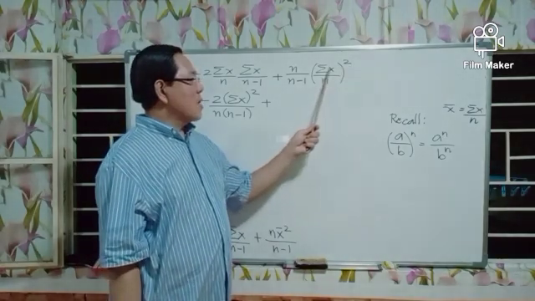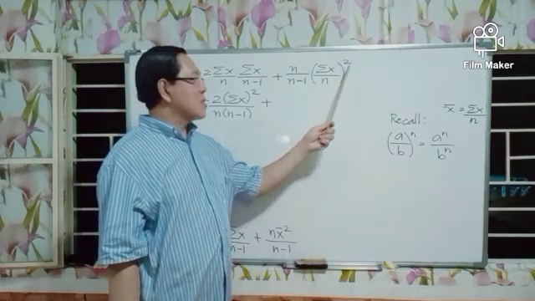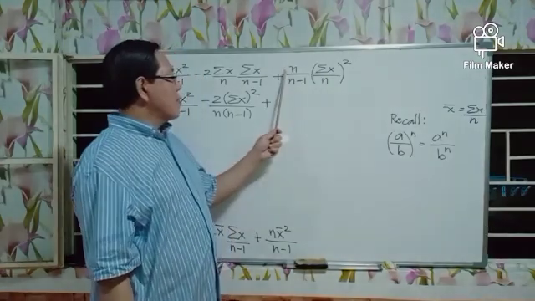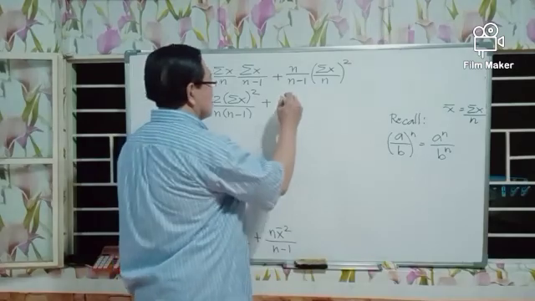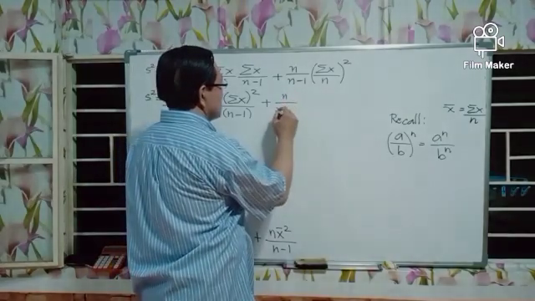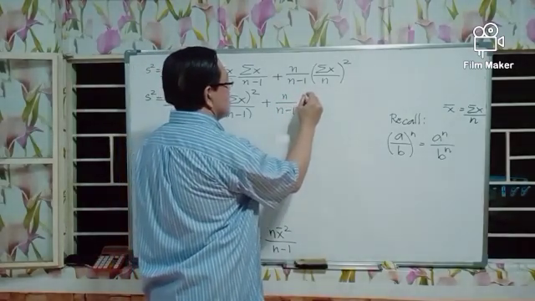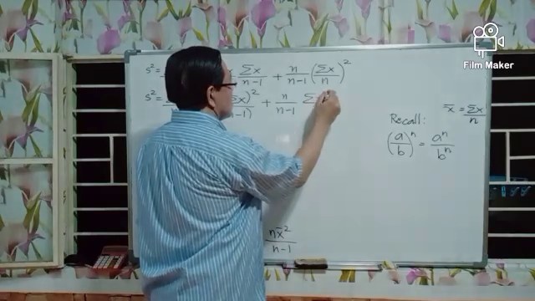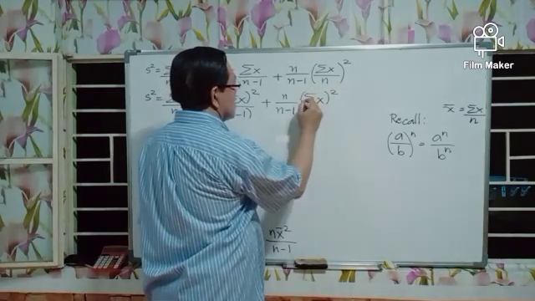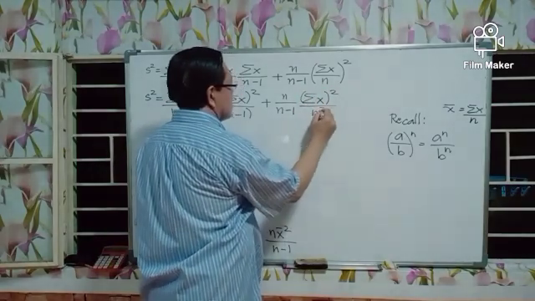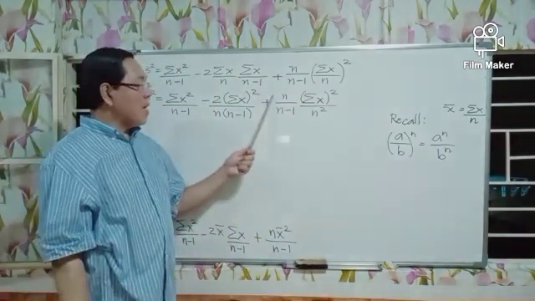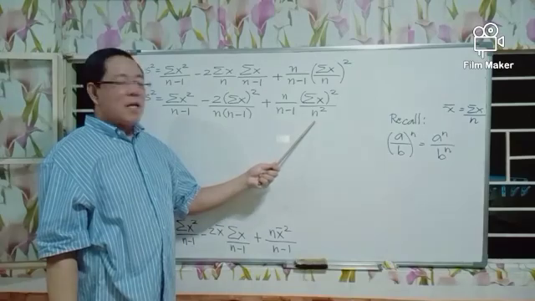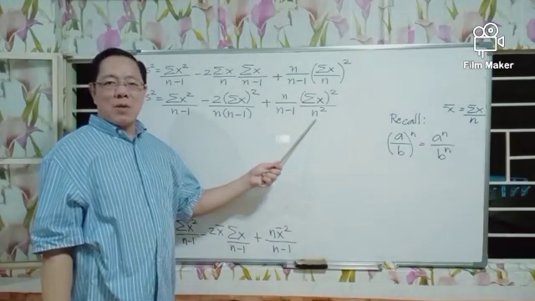So we take the square of the summation of x divided by the square of n and multiply by n divided by n minus 1. You can see that we have n in the numerator and n squared in the denominator.